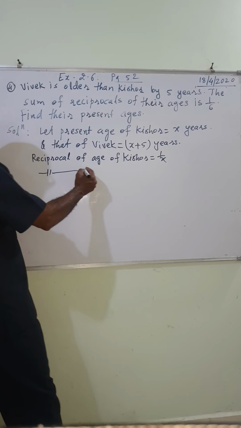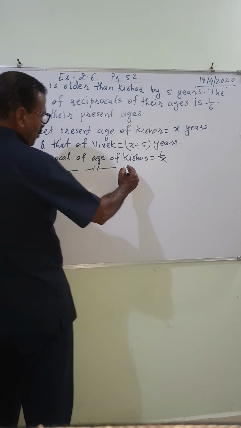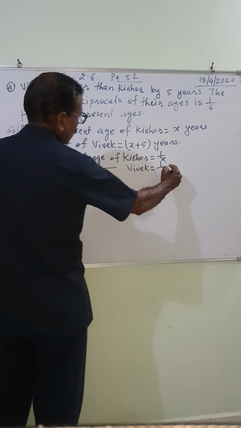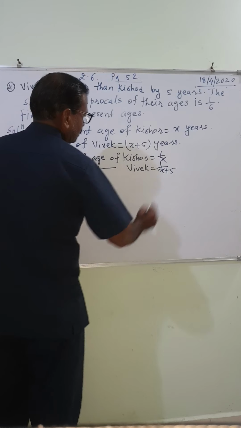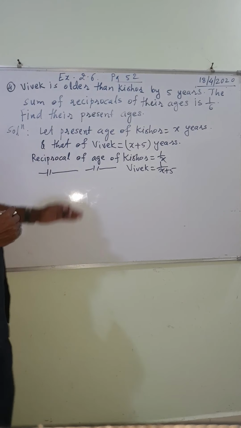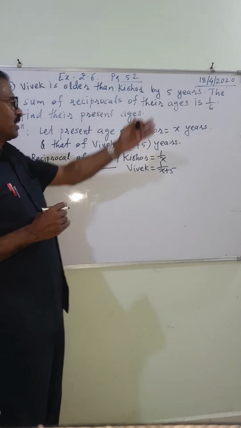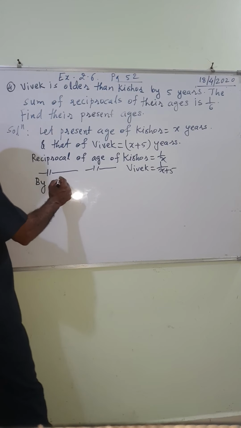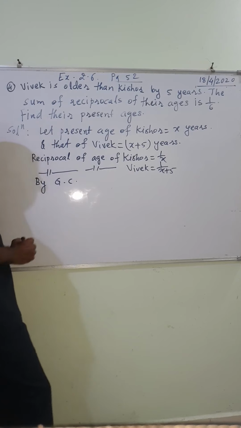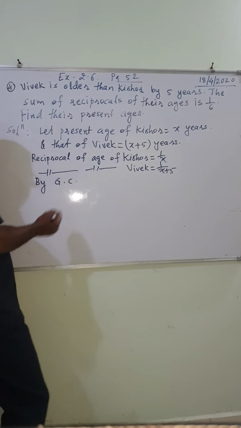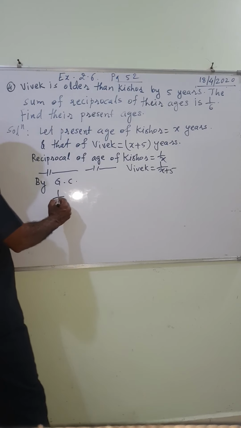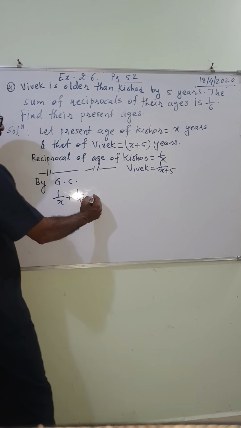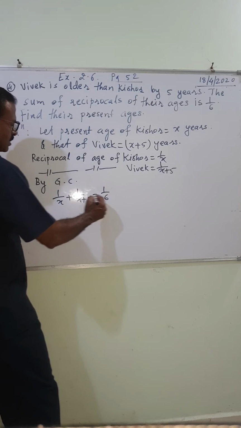Reciprocal of the age of Vivek equals 1 upon x plus 5. By the given condition, the sum of the reciprocals means 1 upon x plus 1 upon x plus 5 is equal to 1 upon 6.